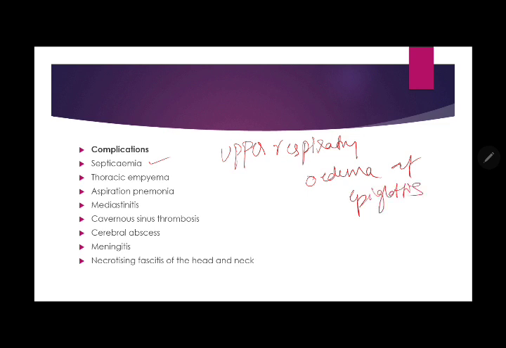On the other hand, it can also spread to the parapharyngeal spaces, and from there it can proceed to the mediastinum, which causes mediastinitis, and later producing the thoracic empyema.